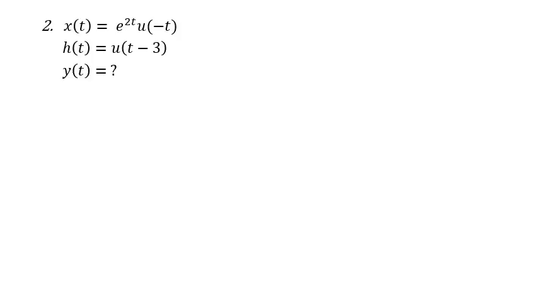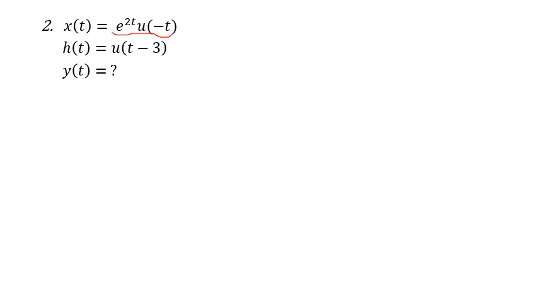So here we are given two signals. One is the input signal, an exponential signal, e power 2t into u of minus t. If you multiply a signal with the step function, the signal has non-zero values for a certain range of t depending upon the step function.